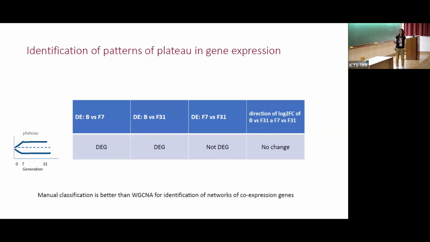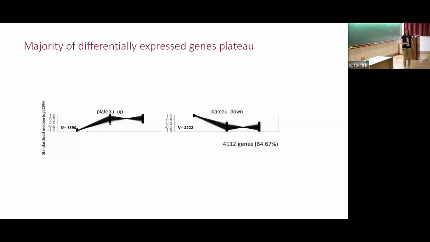If this is the case, you would call it plateaued. And when we look at around 6,000 differentially expressed genes, we see that 65%, around 4,000 genes, show this pattern of plateau, meaning that after a significant increase or decrease in their expression, we do not observe any significant change afterwards.